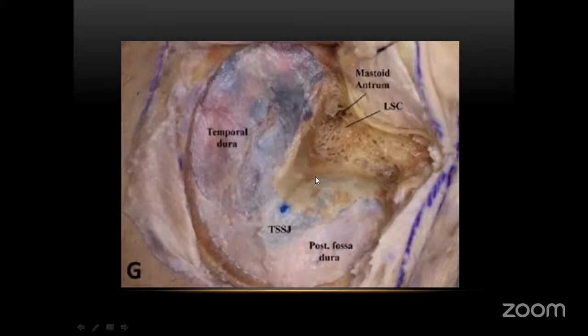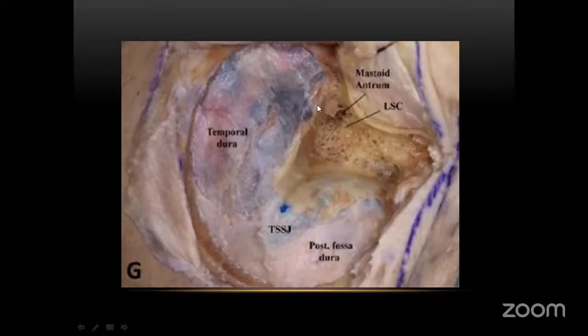Now, what you will do is the extradural Penfield dissection, or the detachment of the dura from the temporal area, because our target is first the temporal area, later on the posterior fossa.